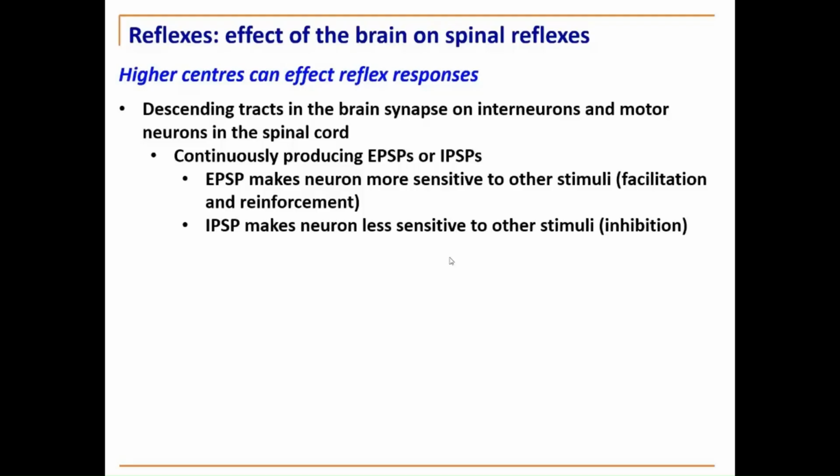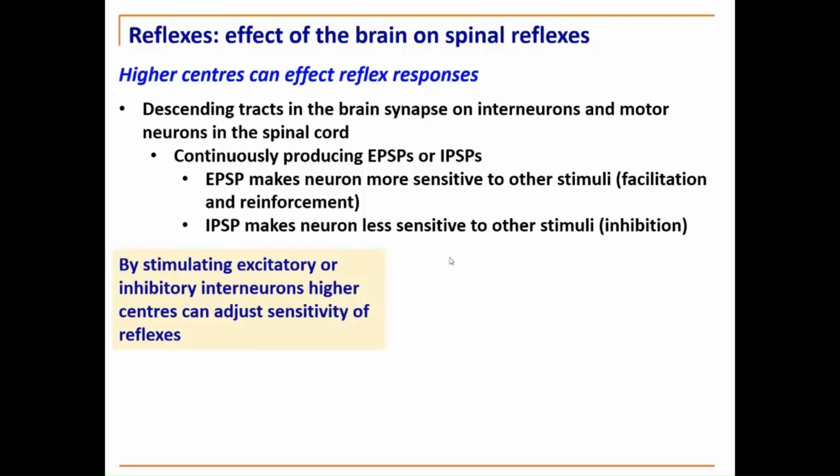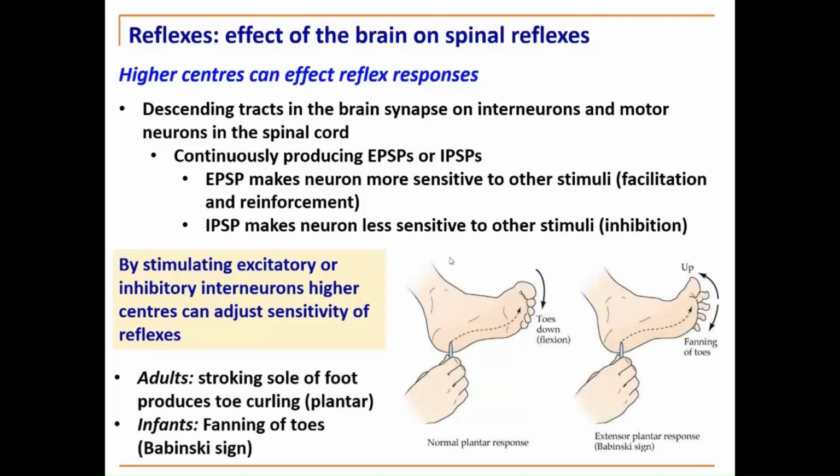Obviously the EPSPs make the neurons more sensitive to other stimuli, so it's about facilitation and reinforcement, trying to stimulate an action potential. IPSPs make neurons less sensitive to other stimuli, so they're involved with inhibition. By stimulating excitatory or inhibitory interneurons, higher centers can adjust the sensitivity of reflexes.